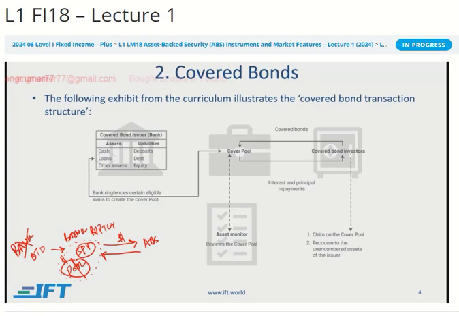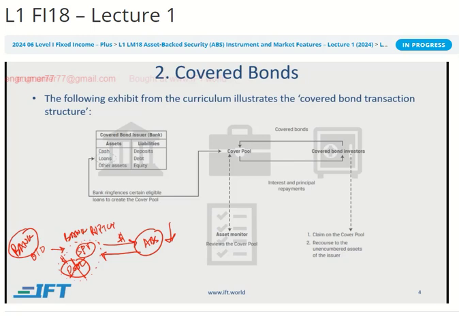But what if the pool is garbage? Then obviously the asset-backed securities will default. So how do we solve that problem? We don't let the bank off the hook. We say, you are not going off the hook.